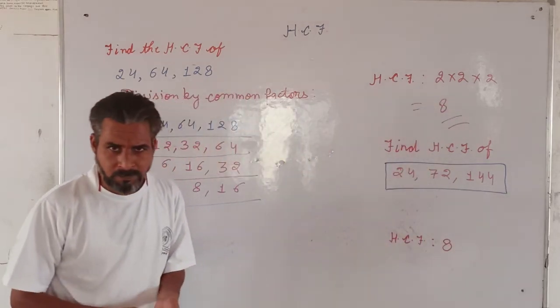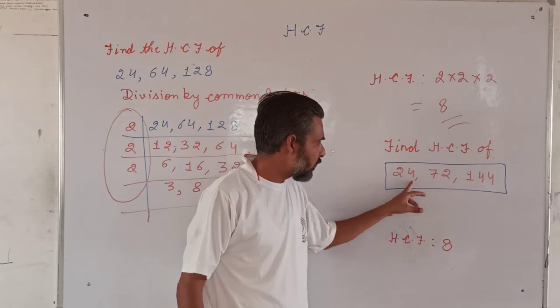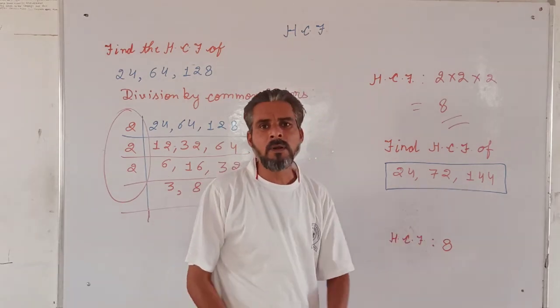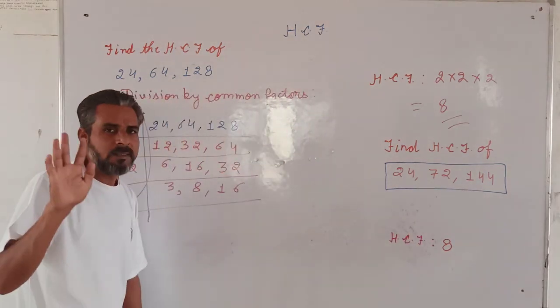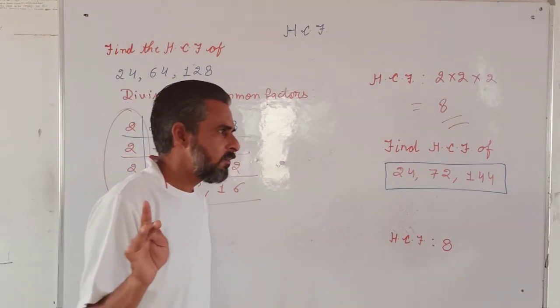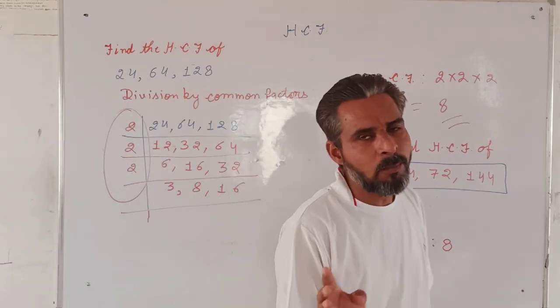You have to find the HCF of 24, 72, 144 by all three methods: listing the factors method, long division method, and division by the common factor.